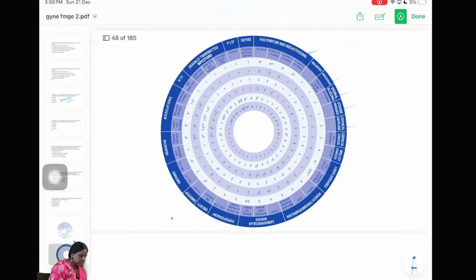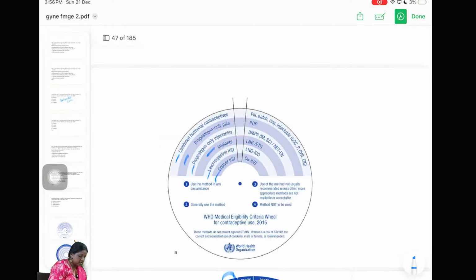So considering, for example, if you see PID, each ring will correspondingly give you whether we can use or not use. If it is termed 1, it means you can use it, there is no contraindication at all.